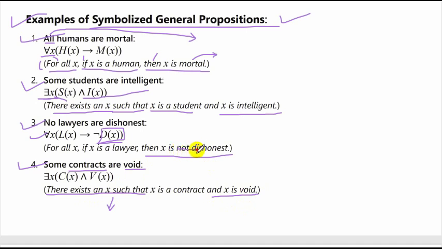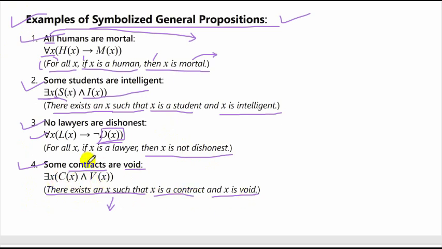First you have to write it, and then we have to negate it. Sorry, this would be correct. Not dishonest means honest. X is a contract and x is void. So we write it in this way.